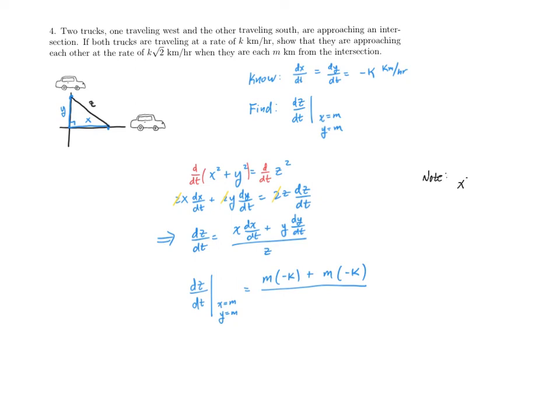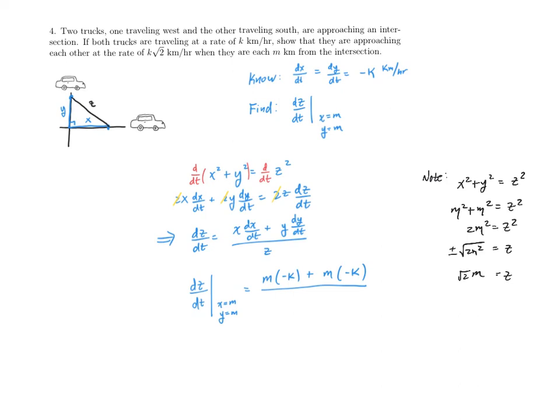So note, from this relationship, x squared plus y squared equals z squared, we have m squared plus m squared is z squared. So 2m squared is z squared, which means z is equal to plus or minus the square root of 2m squared. And because z is representing a distance between two vehicles, it has to be positive. So in this case, we would have the square root of 2 times m.